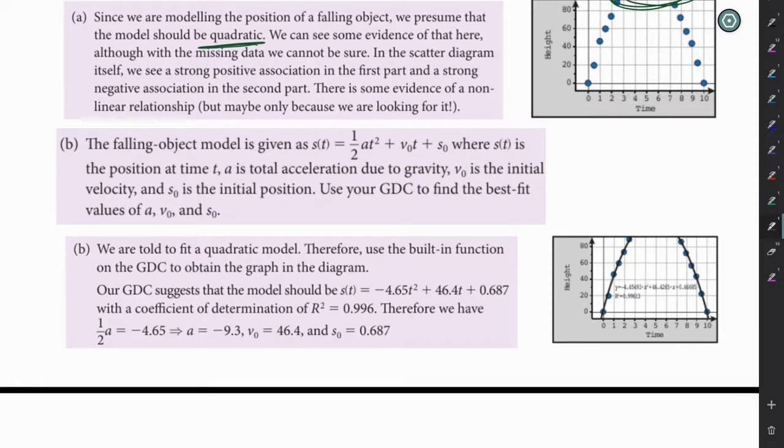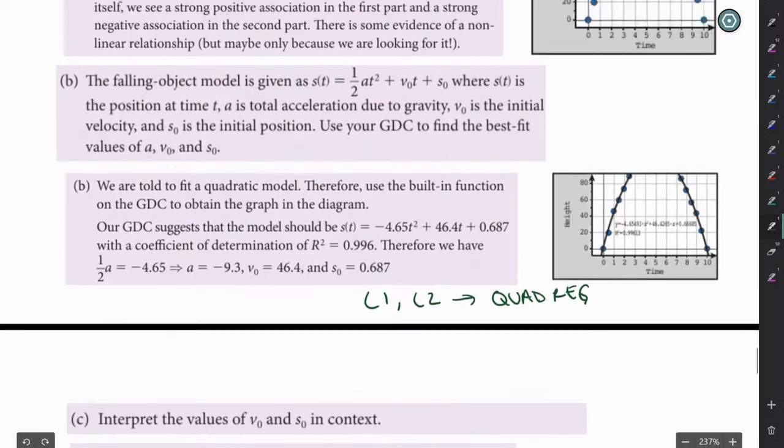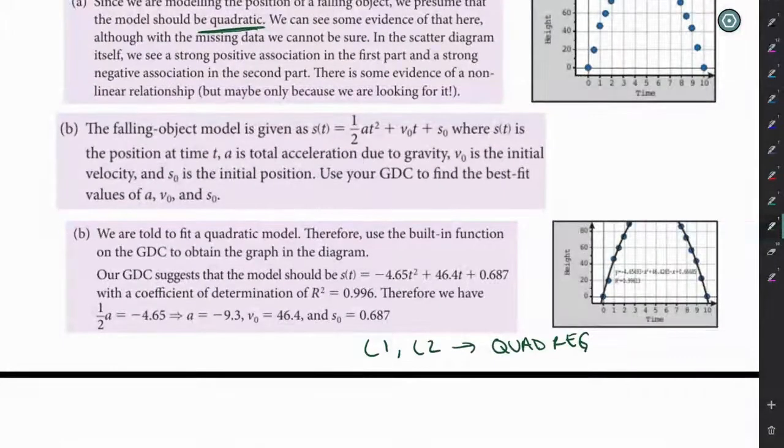So in the calculator, we put our data in L1 and L2. Then we tell our calculator to do the quadratic regression. So if we do a quadratic regression, we can tell our calculator to store these values.